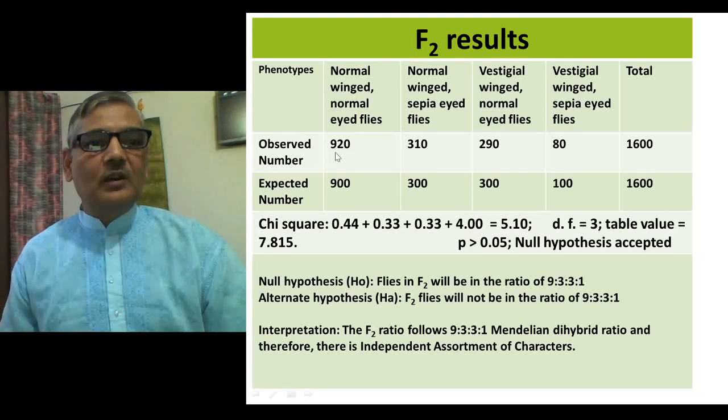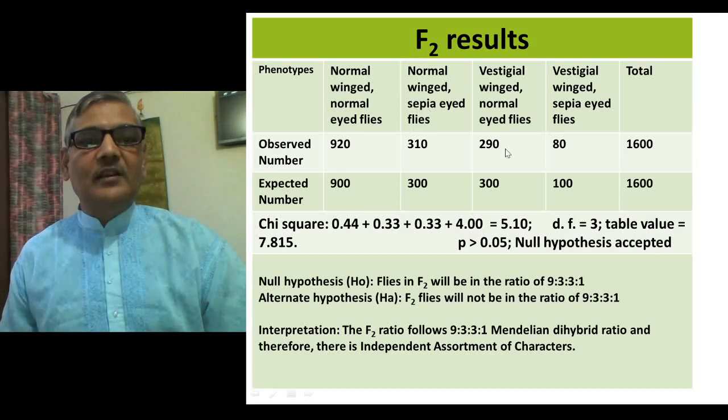Now you found 920 individuals with normal wing and normal eye color, then 310 individuals who had normal wing and sepia color, then 290 individuals who possessed vestigial wing and normal eye color, then 80 individuals which possessed vestigial wing and sepia color. Now a total of 1600 flies were actually observed.